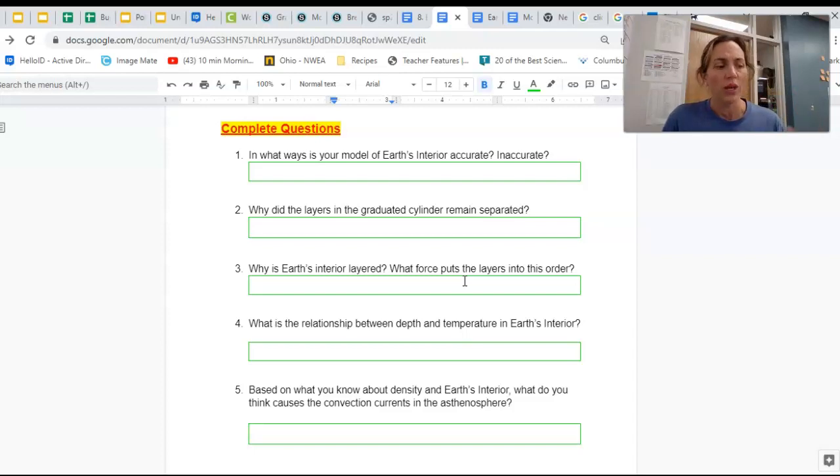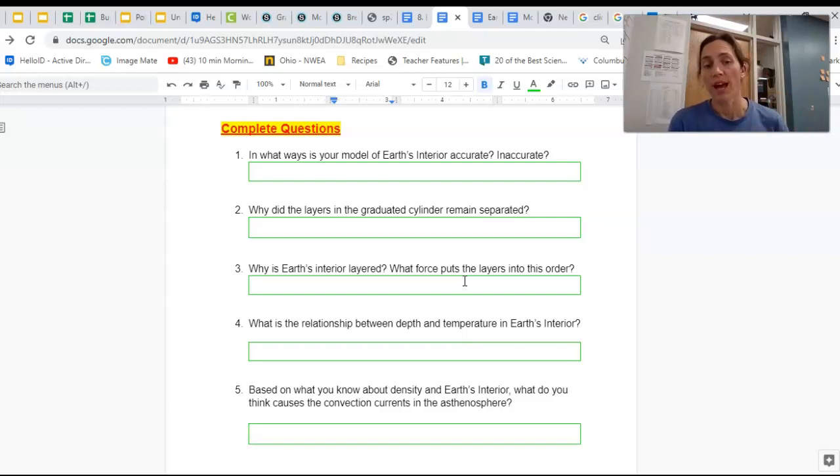Remember that we use fluids for all of the layers because that's what worked for our model. Not all models are perfect. Actually, all models have some imperfections. So this question is asking you to think about what this model does well and what it gets wrong as a model.